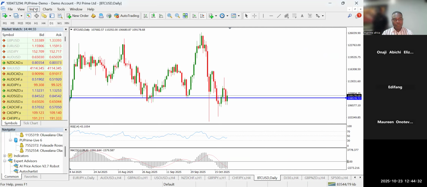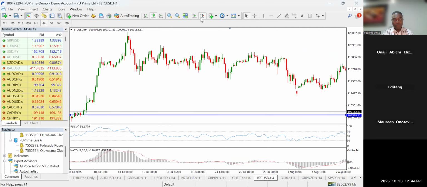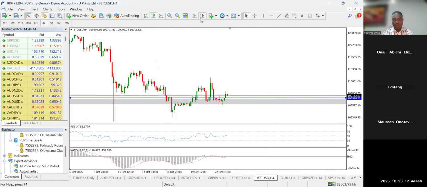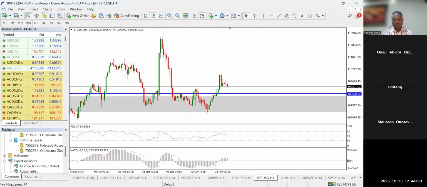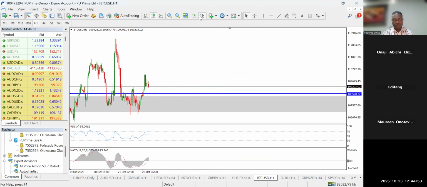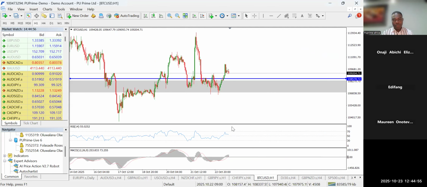On the daily, yeah, that area is still valid, but then we have, more importantly, a support zone around that region. This is a 4 hour, and this is a 1 hour. On the 1 hour, a double bottom already formed and price already broke out above the neckline.